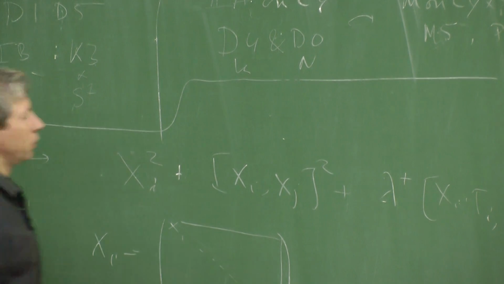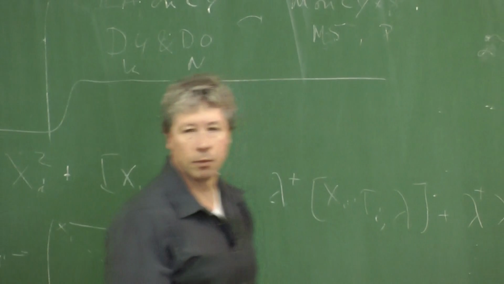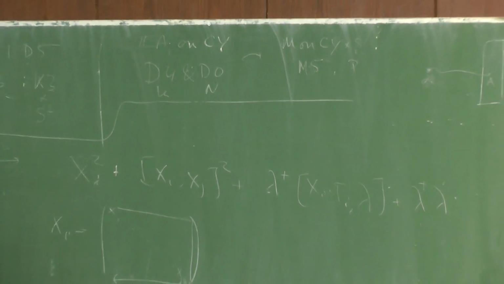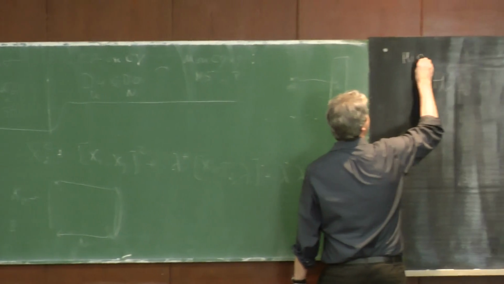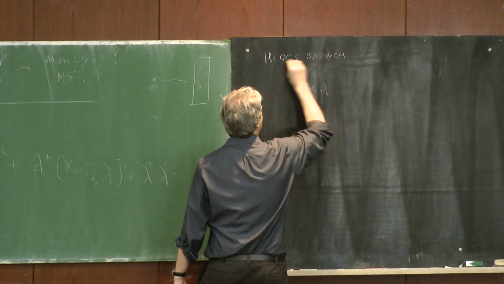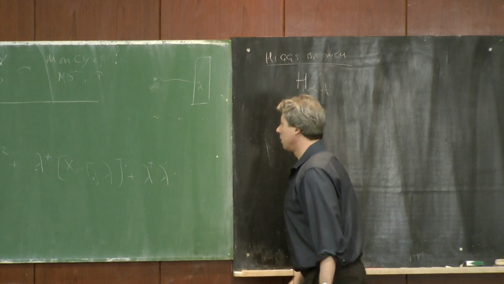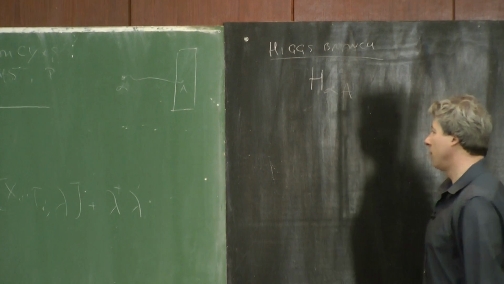Here you have a theory which, in terms of superfields, is called a hypermultiplet. And this is going to describe what I'll call the Higgs branch in a minute. And what is called the Coulomb branch will eventually be constructed out of these variables.